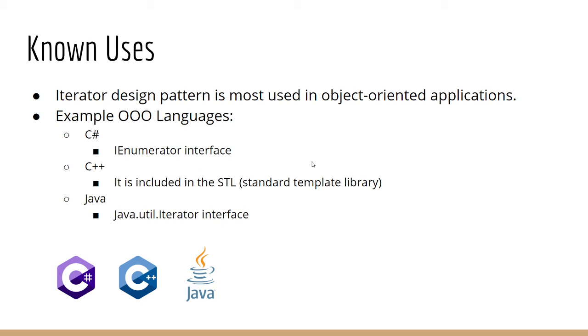The IEnumerator generalizes a bunch of arrays or lists into an IEnumerator, and when you cast an array or a list as IEnumerator, it generalizes the traversal into this one interface. In C#, the iterator design pattern is included in the standard template library.